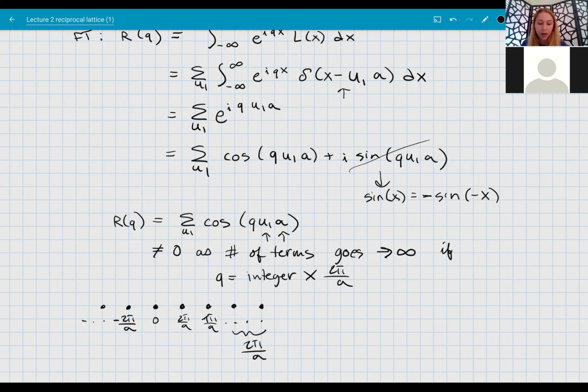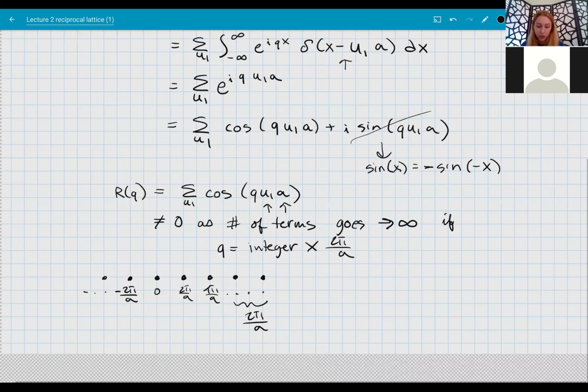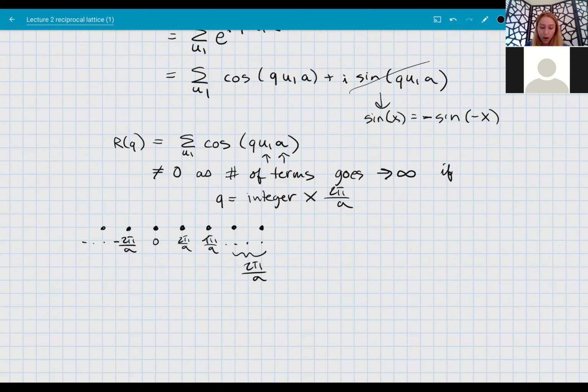So this same sort of argument can be repeated for a three-dimensional system. Here, what is used is a statement from earlier in the lecture, let me write it, that b_i dotted with a_j is going to be equal to 2 pi delta ij.